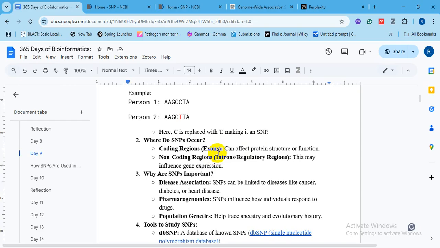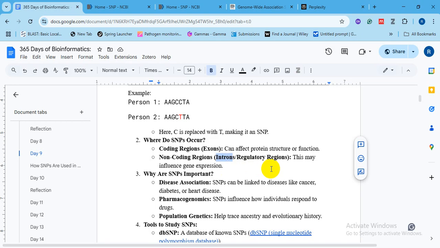Non-coding regions are called introns. The function of these introns is not fully understood, but right now we are studying them extensively and found their regulation. They contain a regulatory region.